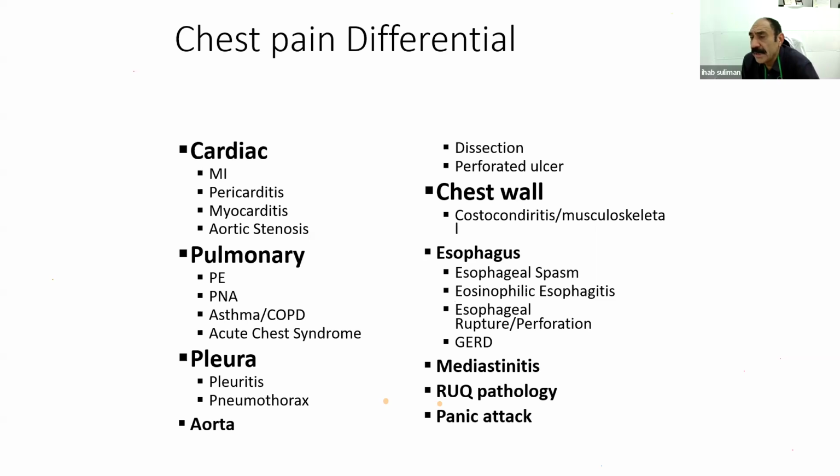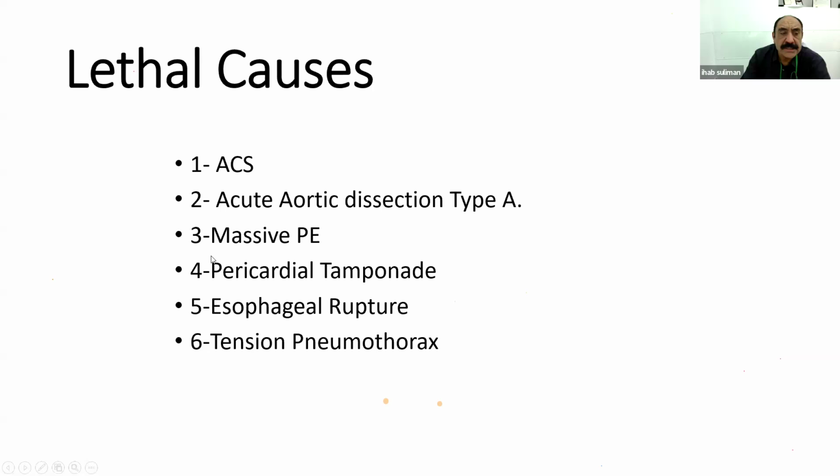And it is very common in young people. They could present to the emergency room with chest pain, and it could be sometimes just a panic attack. But you need to be cautious, and you need to do your workup, which includes an ECG, chest X-ray, and otherwise. And you sometimes need to take history.